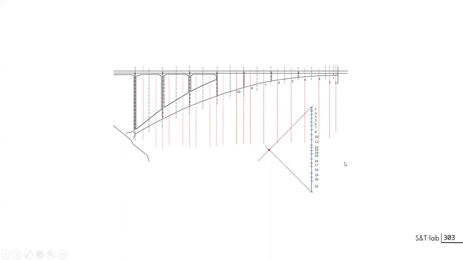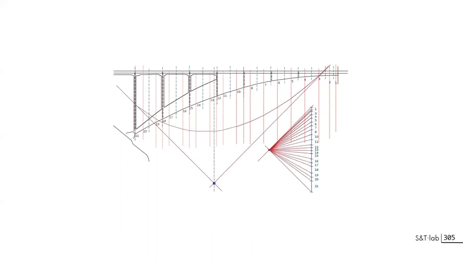The load line is here, and I will start building a first funicular polygon acting in tension by deciding that I will use side rays with an angle of 45 degrees, which will help a lot for the solving thereafter. So you have a pole, we have the first ray, and you can build, as you know, all these rays and the corresponding funicular polygon.